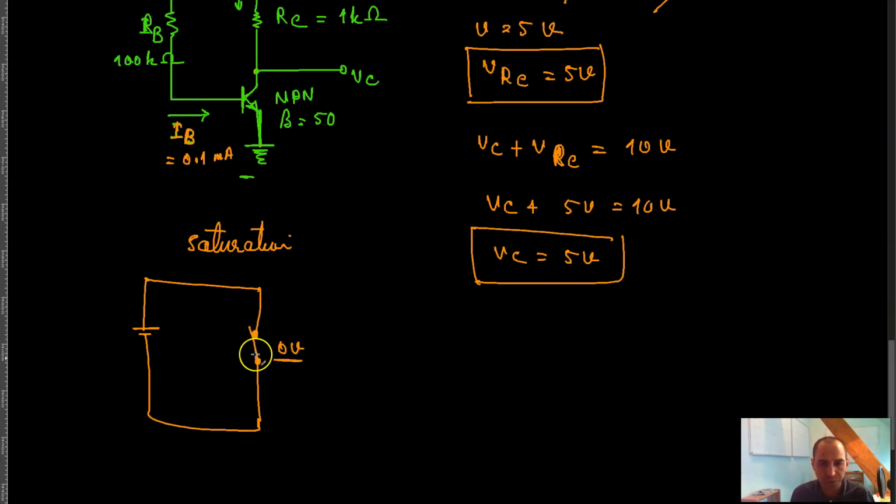The voltage drop across the switch is 0 volts, which means that the electrical resistance between these 2 points is 0 ohms, right?